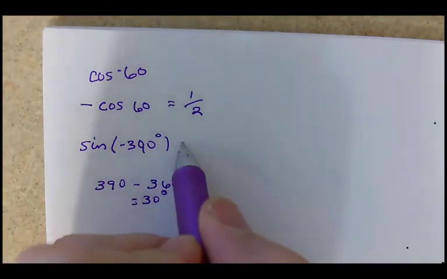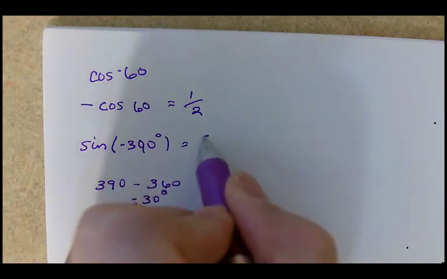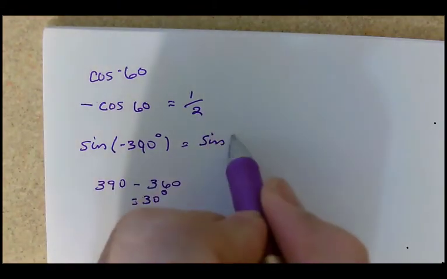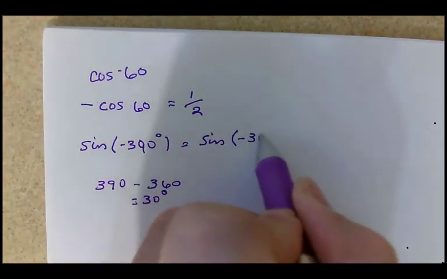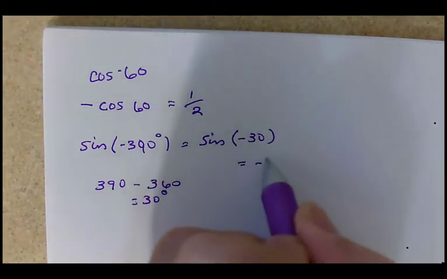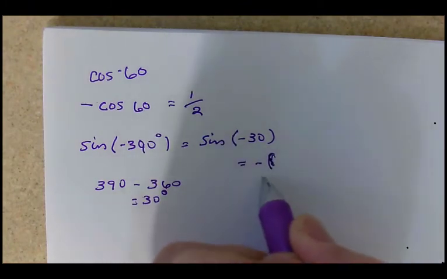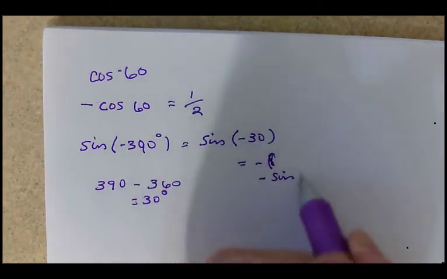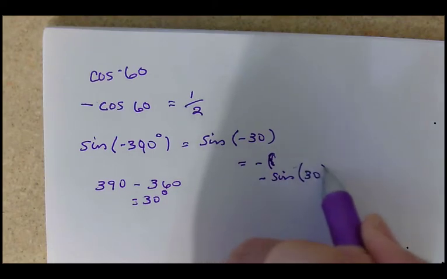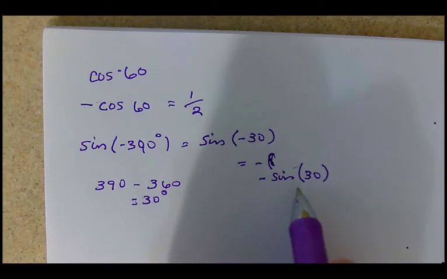So I can go ahead and rewrite this as sine of negative 30 degrees is equal to the negative sine of 30 degrees. What is sine of 30 degrees?